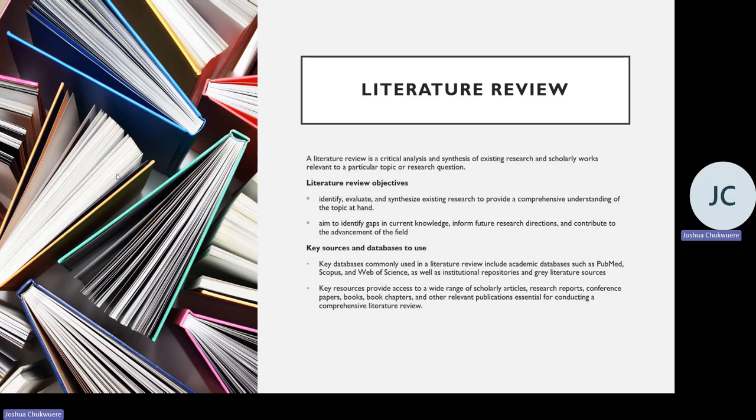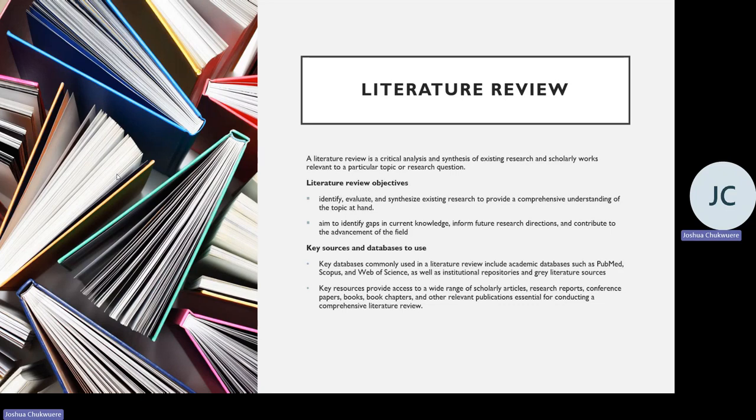In order for you to do your literature review, there are key sources or databases you can use. Those commonly used, but not only these, are Scopus, Web of Science, Google Scholar, and institutional libraries, because institutions these days store all their theses, dissertations, academic papers, and articles.